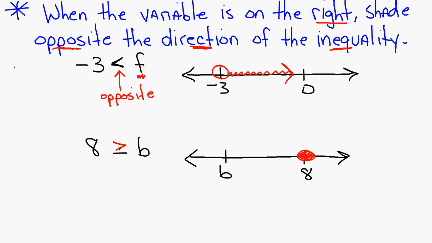The inequality is pointing to the right, so the opposite of right is to the left. All right, the variable being on this side means shade opposite. When the variable's on the left, you shade the direction that the inequality is pointing. And when the variable's on the right, you shade opposite of the direction that the inequality is pointing. Does anybody have any questions?